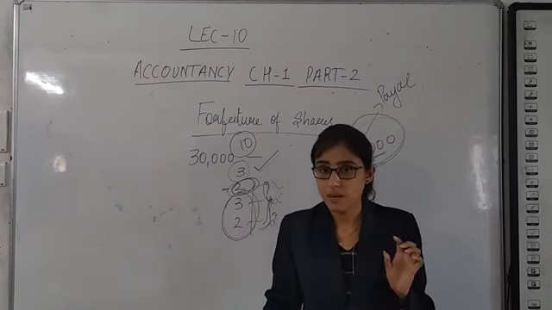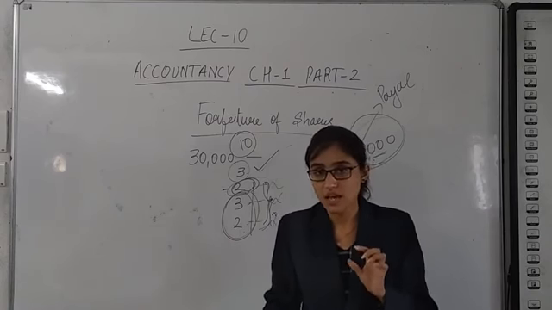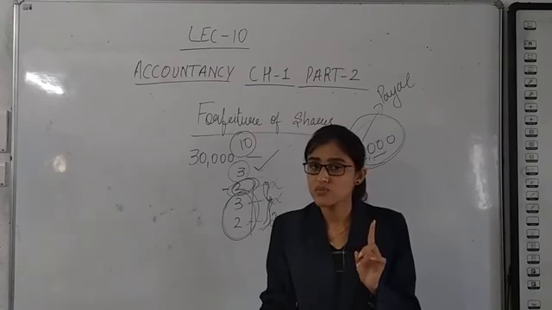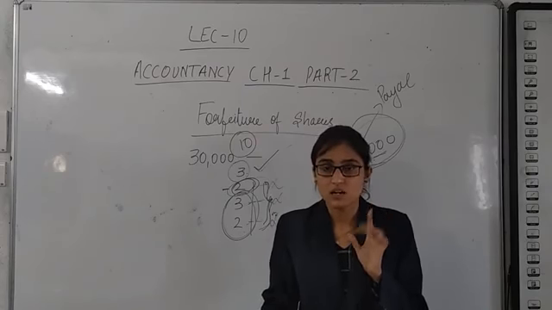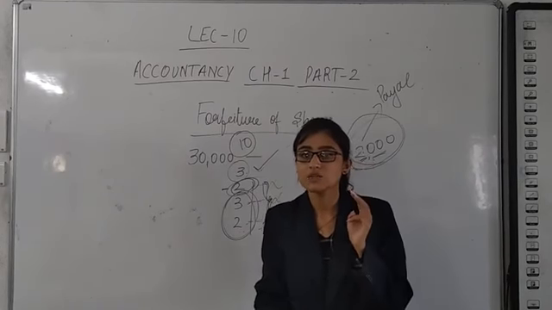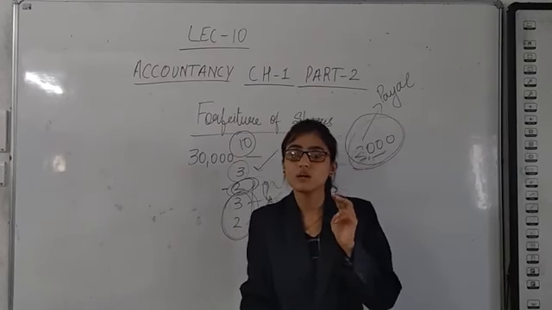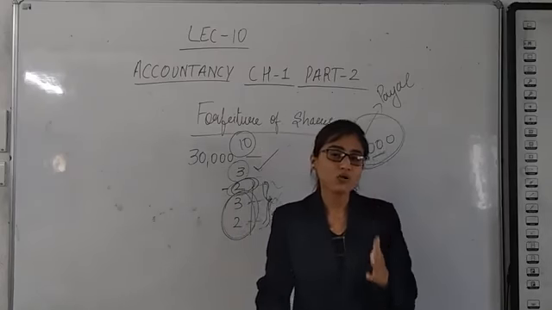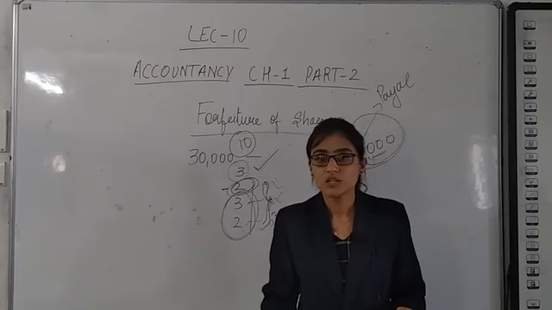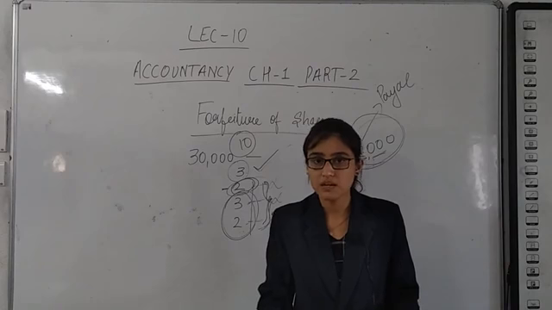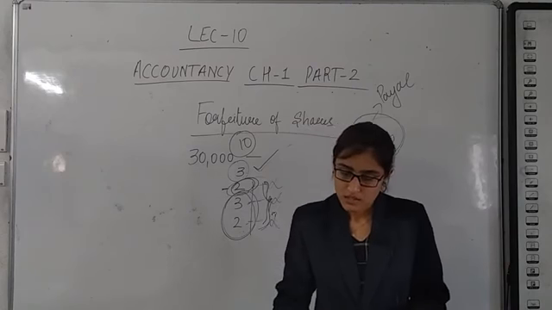Company had called up rupees 10 per share. What is the called up amount of share? 10. Number of shares forfeited? 600. Non-payment? Final call 3. That means out of rupees 10, 3 rupees he did not pay. That means remaining 7 he has paid.